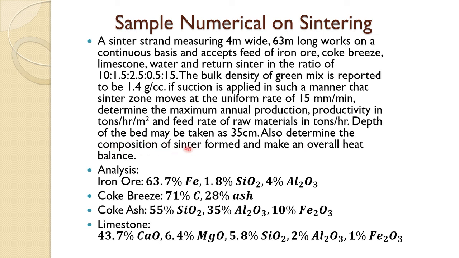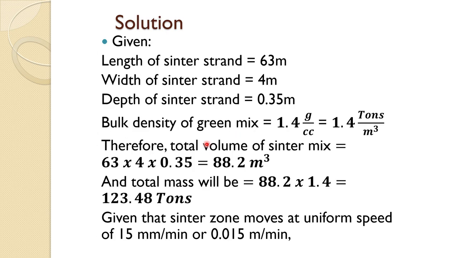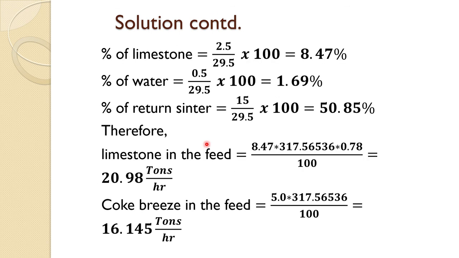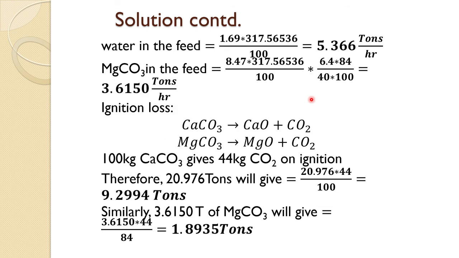We have done this sort of example in the blast furnace, so it should not be much problem. So, this example shows a simple mass balance and how you calculate the productivity and the production in any plant. So, these were related to the sintering.